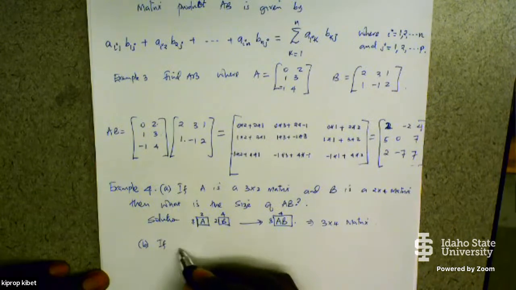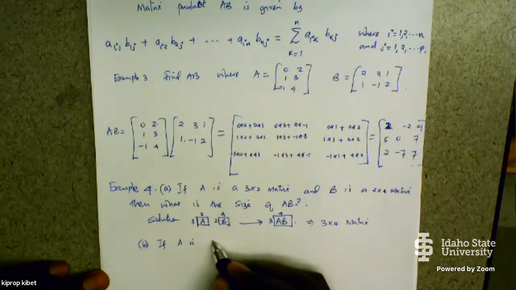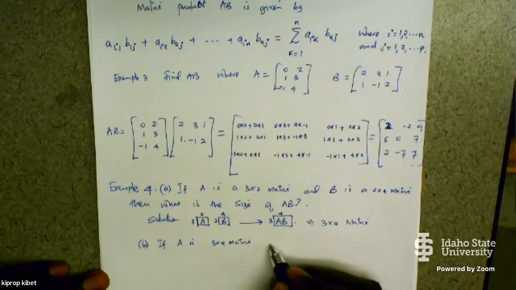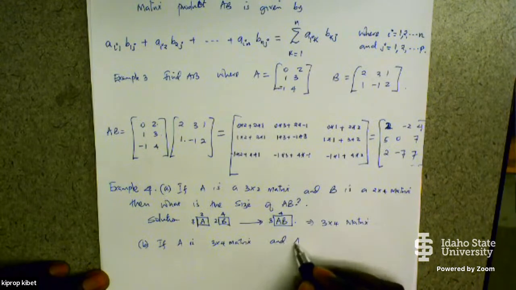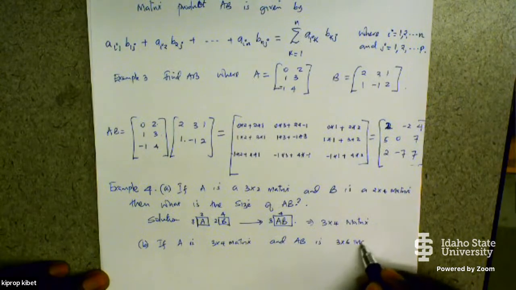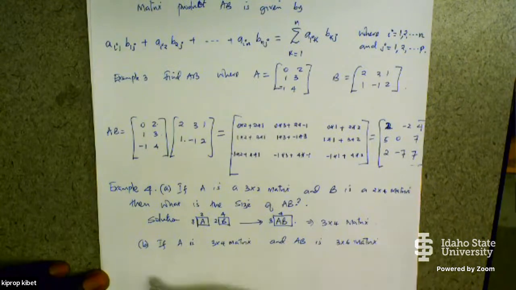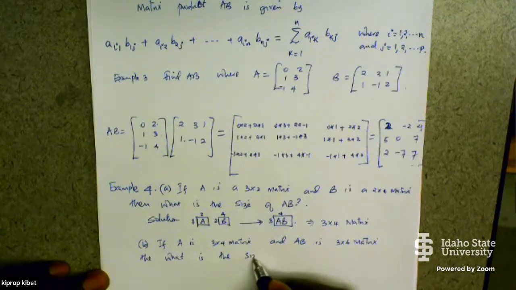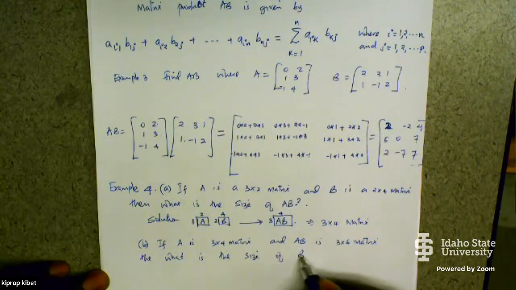Same thing to this number B. If A is a 3x4 matrix and AB is a 3x6 matrix, then what is the size of B?